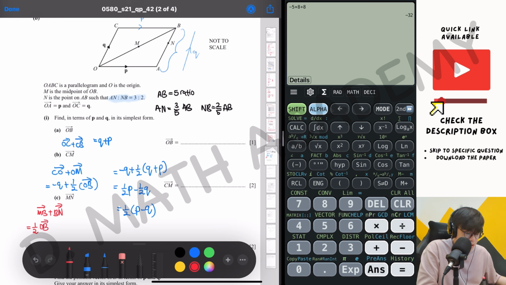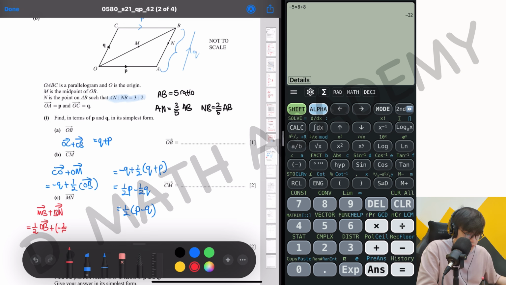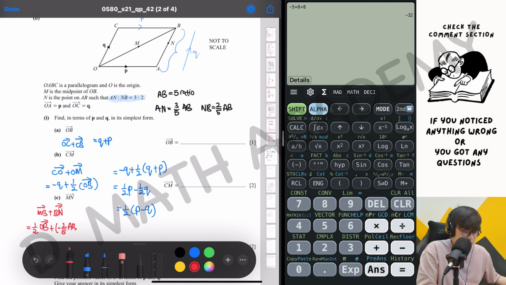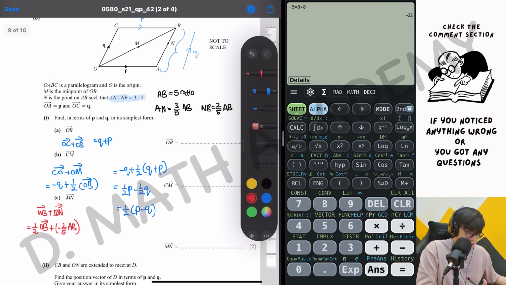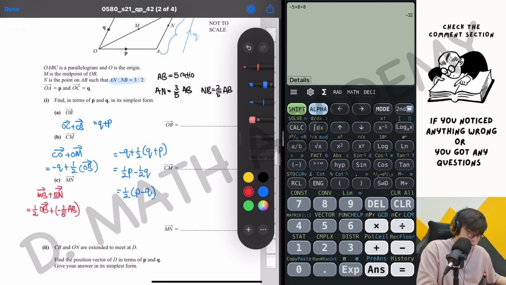And then BN will be a negative of 2 over 5 AB here. So let's calculate our results. From here, you're going to key into your calculator and check.